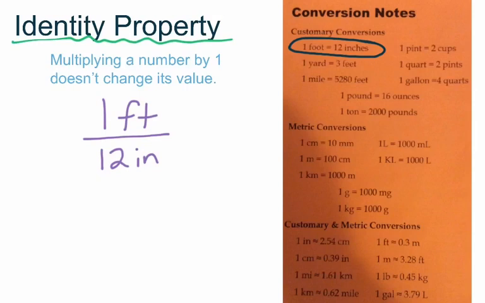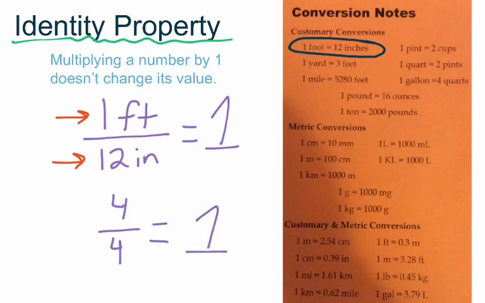So what we're saying is that our numerator of 1 foot and our denominator of 12 inches are equal to each other. And if our numerator and denominator are equal, just like they were when we were multiplying by 4/4, then this conversion, 1 foot over 12 inches, equals 1, just as 4 over 4 equals 1. So that's the property we are going to be using to convert our measurements.